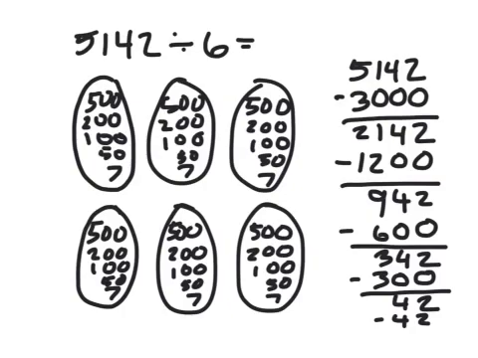So if I count up everything that went into the groups, 500 plus 200 is 700, plus 100 is 800, plus 50 is 850, plus 7 is 857. So 5,142 divided by 6 equals 857. And that's how we do equal division or circle division.